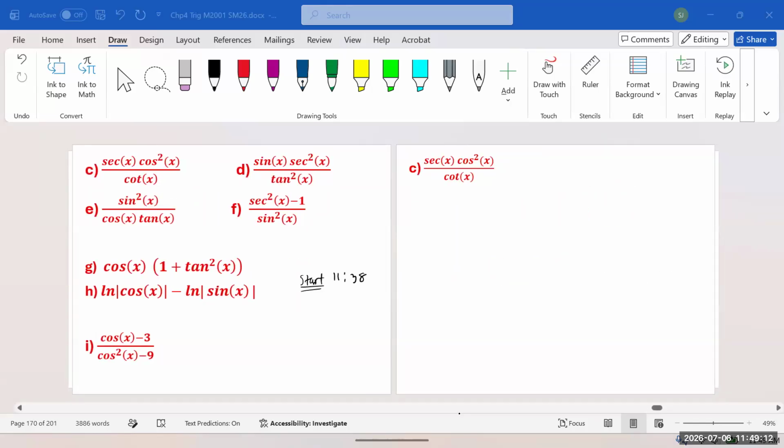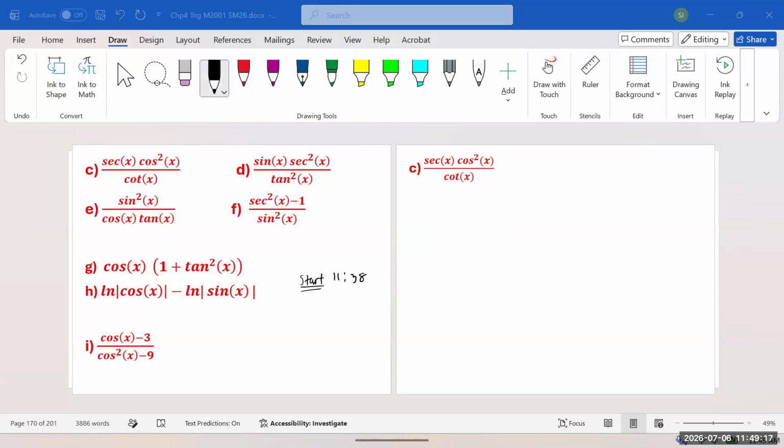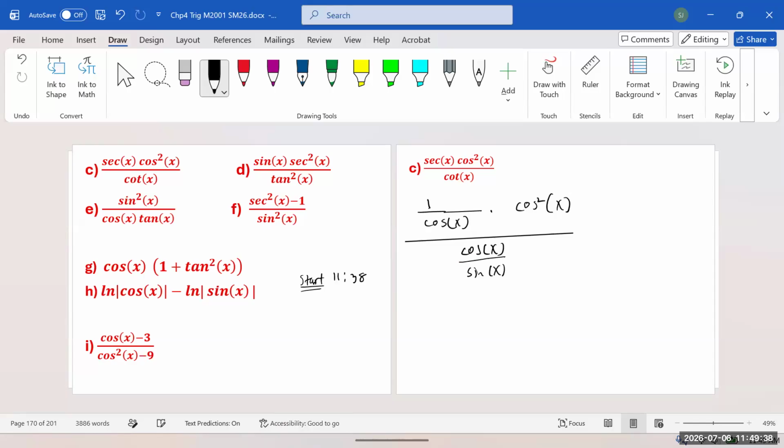Okay, together. Secant. What is secant in terms of sine and cosine? So we have 1 over cosine x times cosine squared x divided by, what is cotangent? Cosine x over sine x. You can use 1 over tangent, no problem. But our goal is to use only sine and cosine to make life simpler.